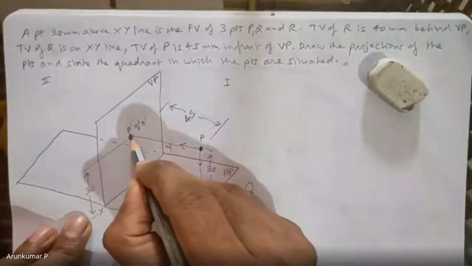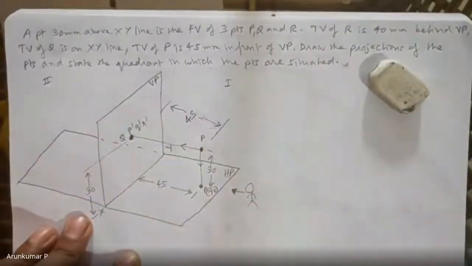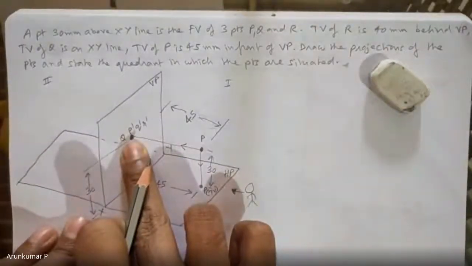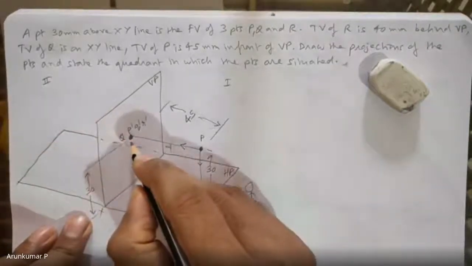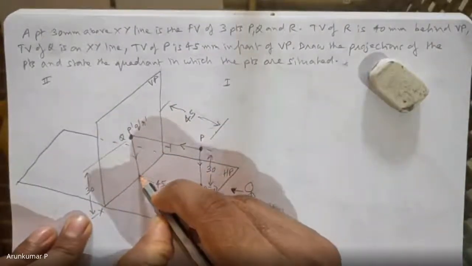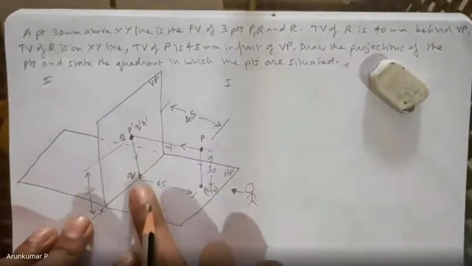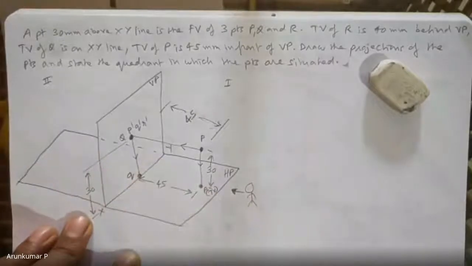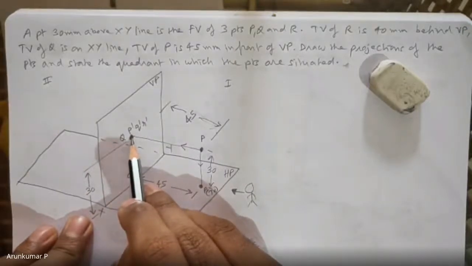So I say that this point itself is capital Q. The same location where you have the front view of the 3 points is also the location of the point Q. So that means in the top view, here I should get the top view of Q on XY. I am getting it. Okay, if the point Q is on VP, where should the front view of Q come?